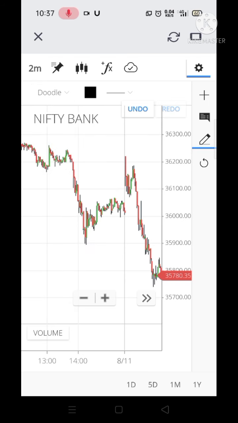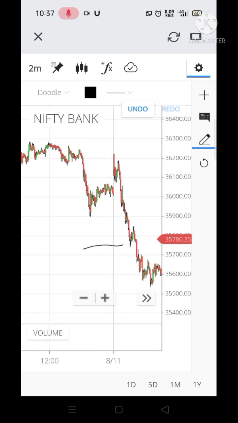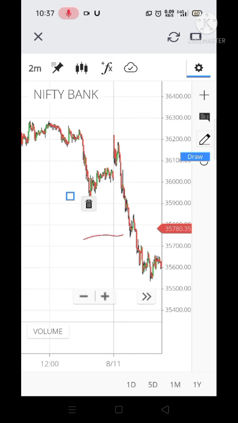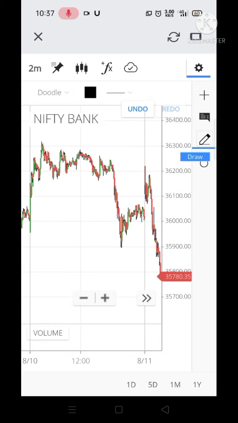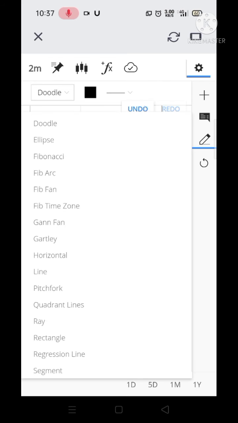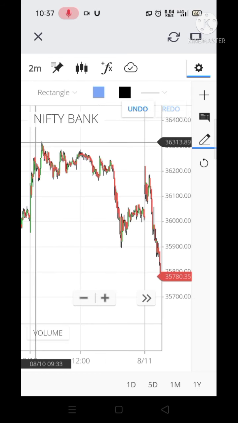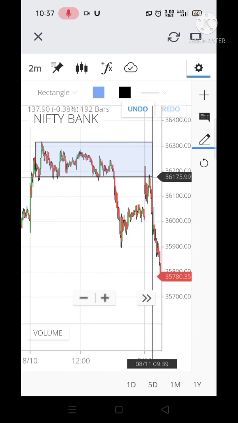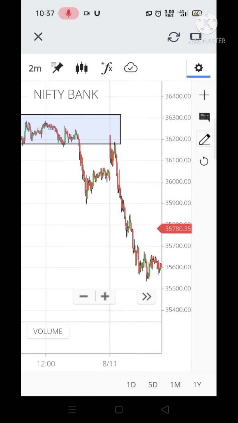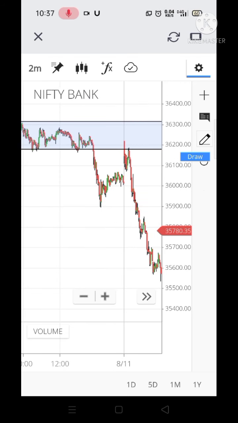So let me mark the zones again. First I will clear the drawing. Rectangle, this is the supply zone which was formed on Tuesday. I will extend it so you can see this.